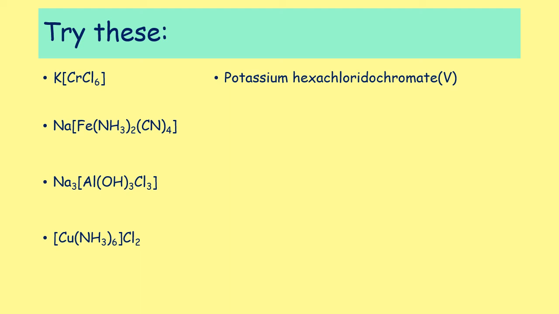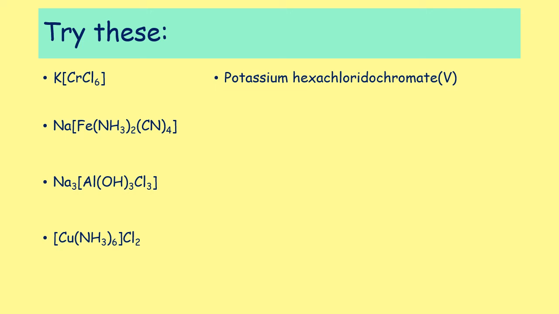The next one, we've got 1 sodium on the outside. It's positively charged. That means the complex is negatively charged. There's only 1 sodium, so the complex has a -1 charge. So we know that positive comes before negative, so it's going to be sodium and then the name of the complex. Now the complex has a -1 charge, so the name iron is going to have to change. The ligands are ammonia and cyanide. If we look at the alphabetical order, ammonia becomes amine, cyanide, cyanido, so the amine is going to come first.